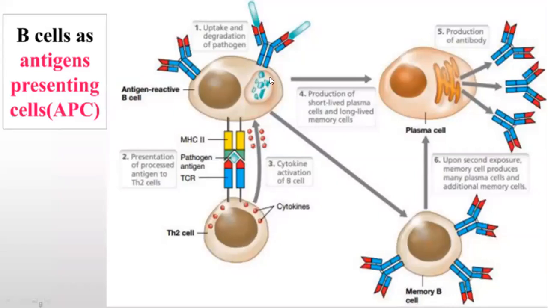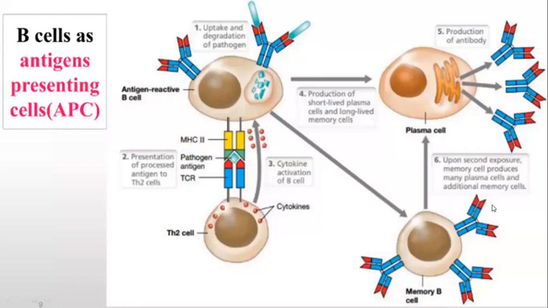Once this B cell is activated, we've got these divisions that I just talked about. We've got production of short-lived plasma cells and long-lived memory cells. And of course, when we talk of the memory cells, upon reactivation or re-exposure to a particular infection that the body has already encountered, they are able to transform into effector plasma cells, which we will see in just a moment.